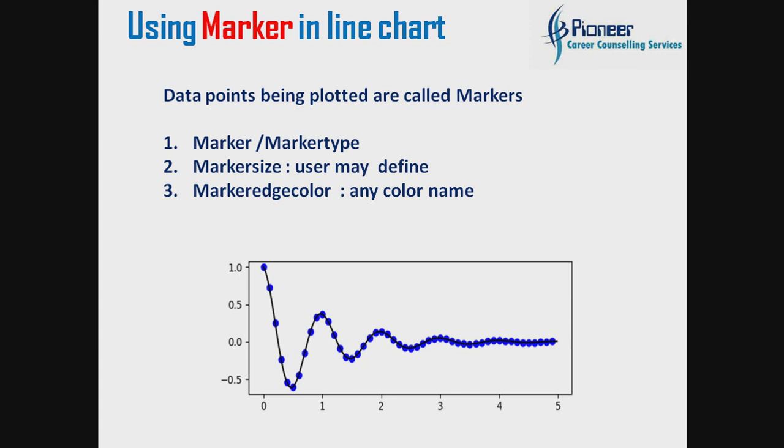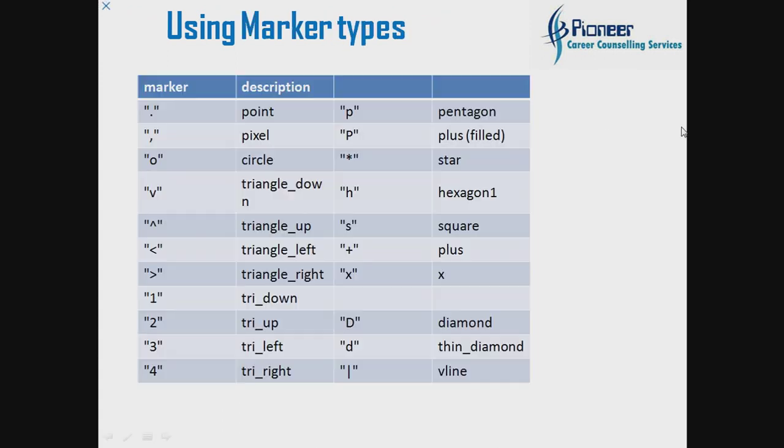If we use marker type equal to dot, it will give you the point; comma; if you give 'o', it will create the circle. Same, you can go for the star sign, plus, x, whatever shape you want to show.